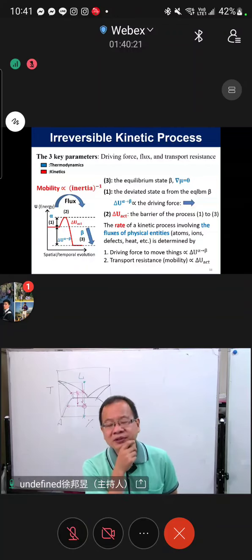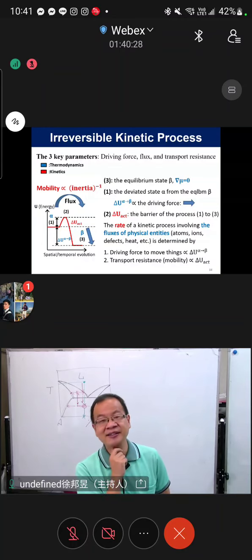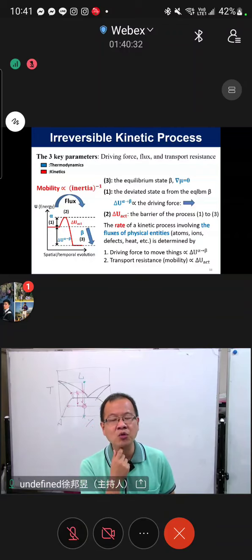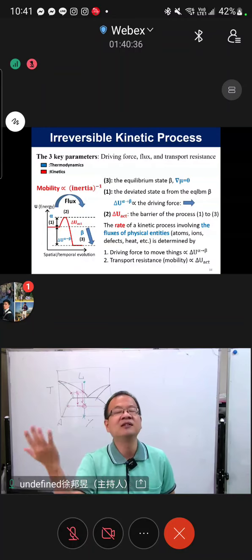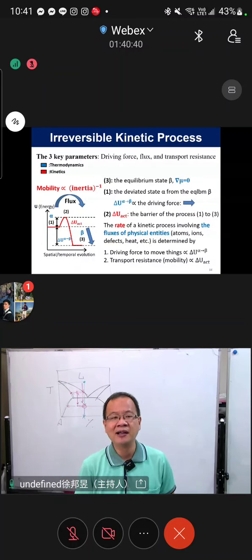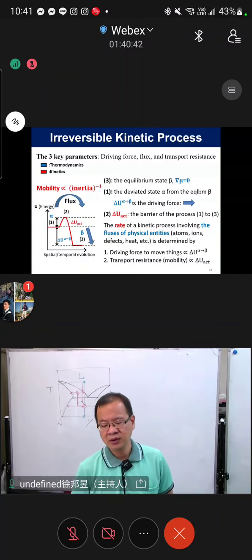So the transport resistance means how quickly you can overcome the activation barrier, the activation energy delta U activation. That's a concept of how quickly you can move. So we can also use a type of resistance to think about it. If the energy is large, the barrier is high, then the process is really slow.